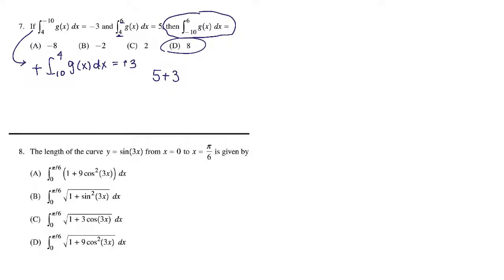Okay, moving on to the next problem. This would be a formula, and let's see if we can remember the formula. We will be integrating from one angle to the next, and it's the square root of 1 plus the derivative of the function squared. So there's our formula.